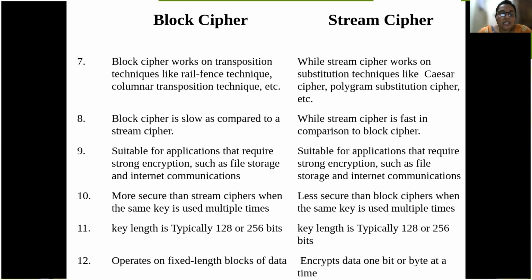Whereas in the case of block cipher, we can use different keys for different types of encryption. So stream cipher is less secure than block cipher because keys are normally repeated. Typical key length is 128 or 256 in both cases, and the block cipher operates on fixed length block data, whereas stream cipher takes 1 bit at a time, so any length.